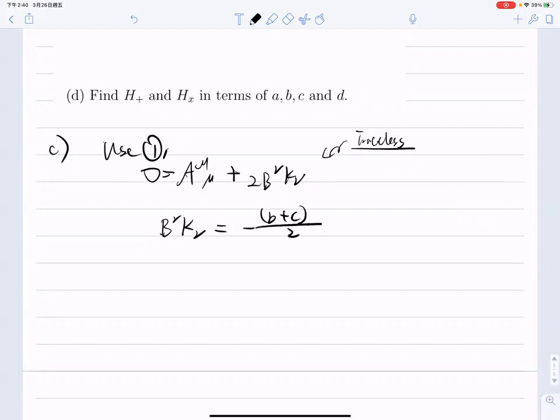Okay. B mu k mu equal to minus B plus C over 2. Why?